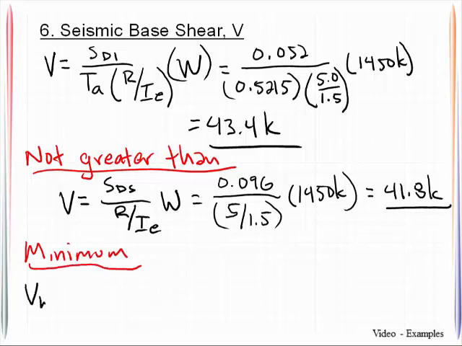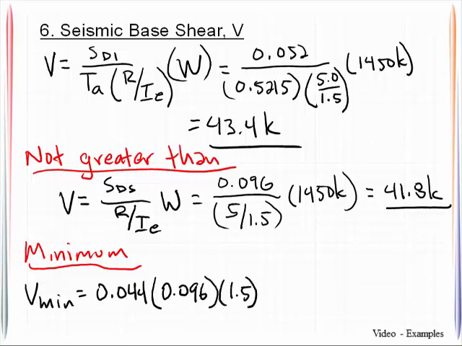So ASCE 7 says that V min is equal to 0.044 multiplied by SDS, so this is the 0.096, multiplied by your importance factor multiplied by W, so 1450 kips, and this will work out to be 9.2.